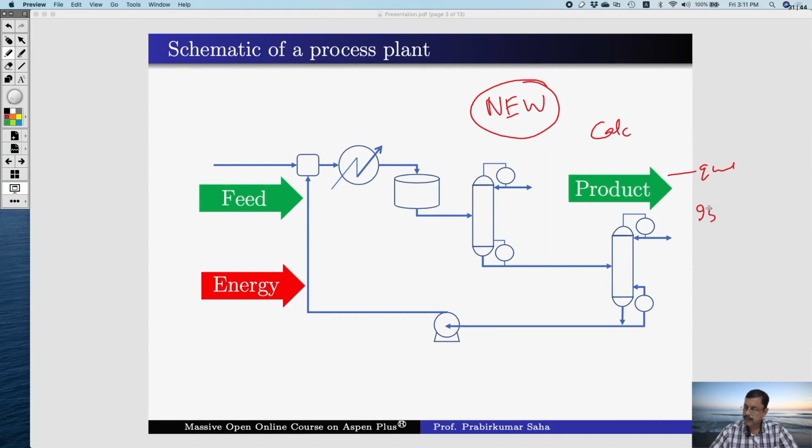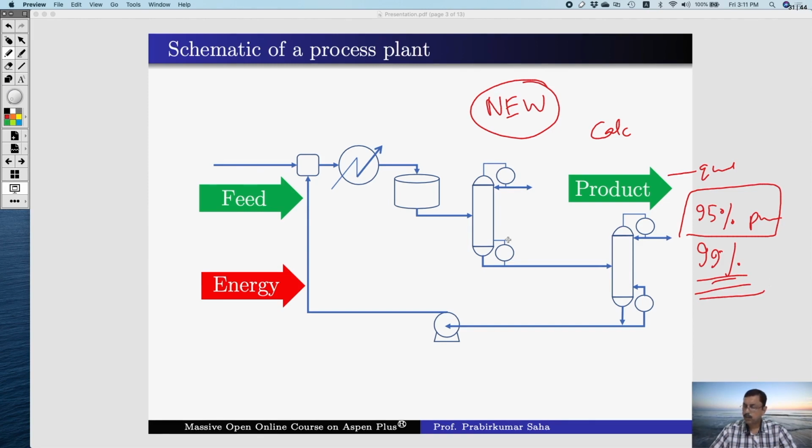Earlier, say 95% purity might be enough, but nowadays our competitor is selling at the same price a 99% purity. Obviously, then our product will not be sold in the market. In such a situation, we have to revamp our process to meet the market demand.